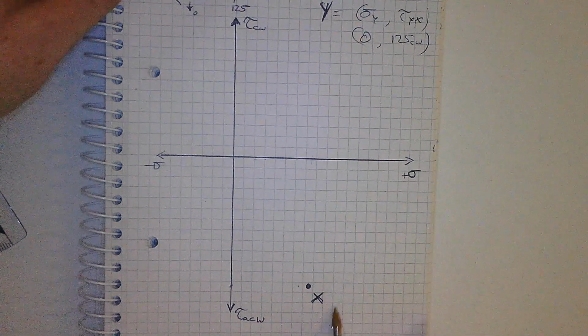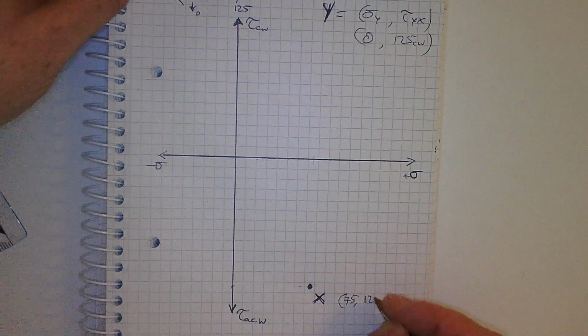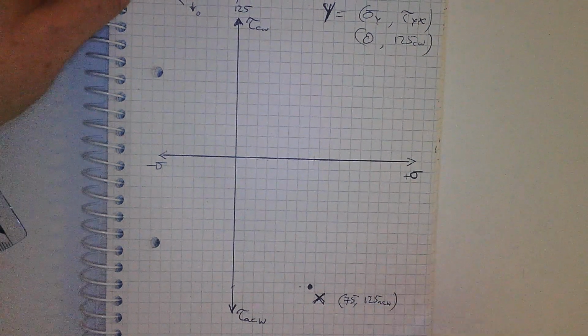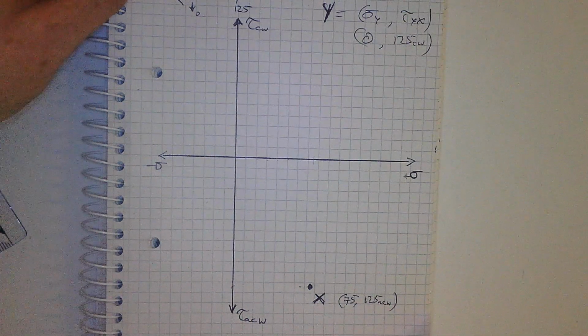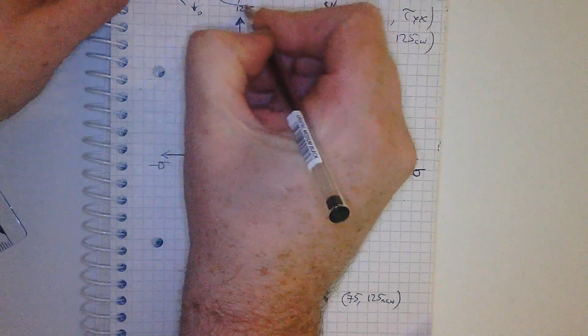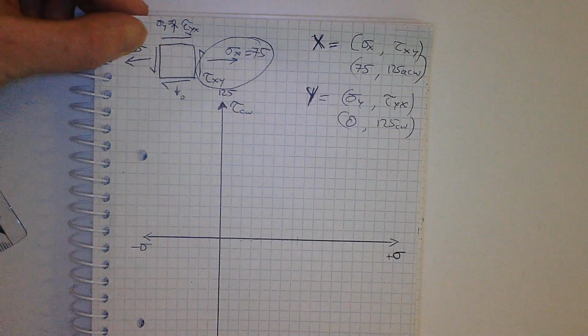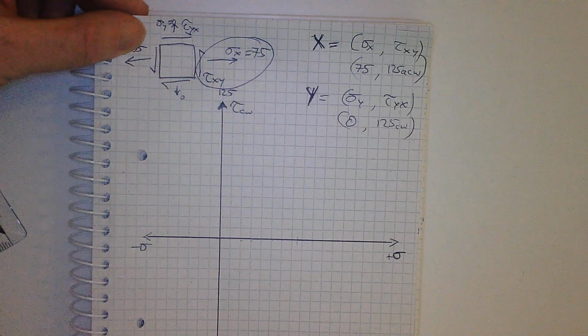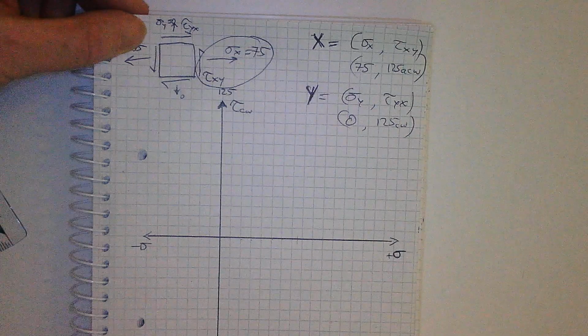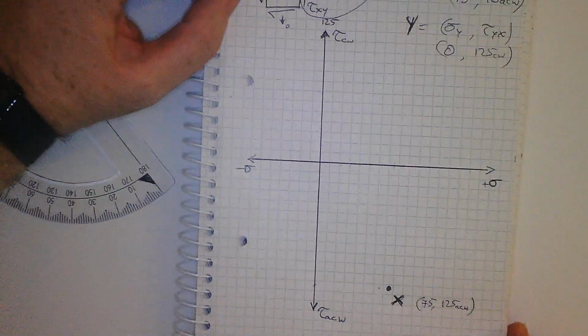Okay, so that gives me this point down here, 75 and 125 anti-clockwise. Okay, and that point there represents, as I said, everything that's happening on the x side of that stress element there. 75 and 125 anti-clockwise. Okay?